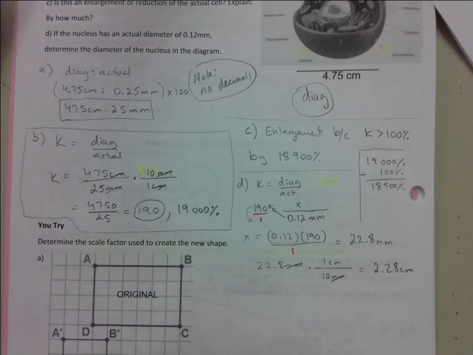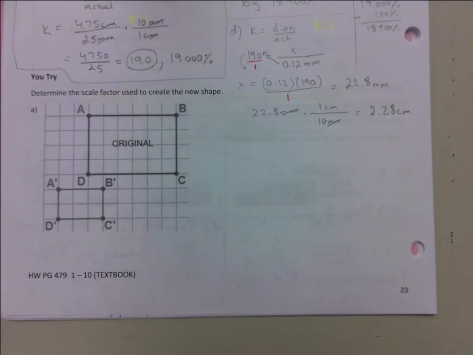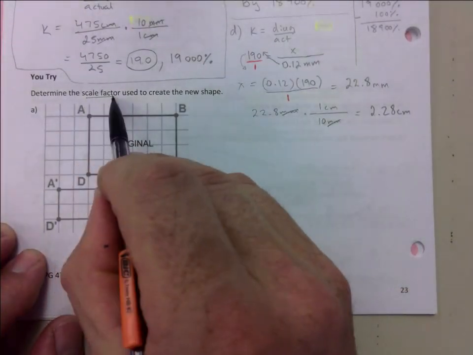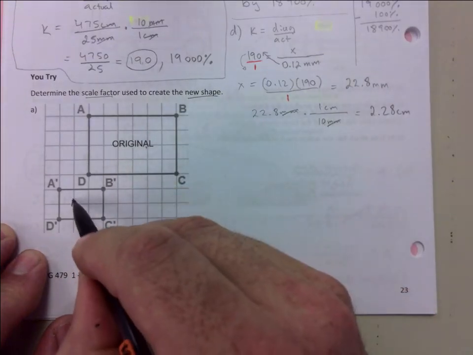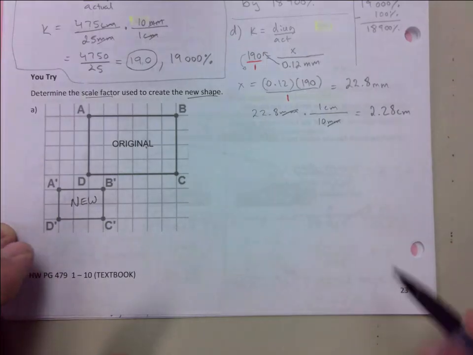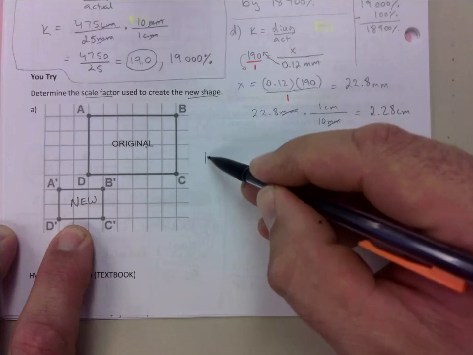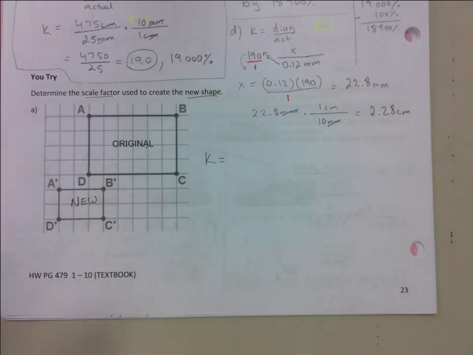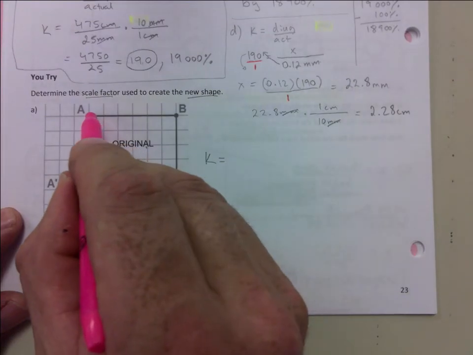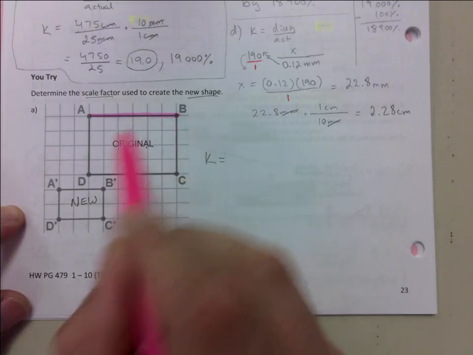All right, a couple of these ones here. So determine the scale factor to create the new shape. So if this is the original, that makes this one the new shape automatically. So how would you figure out the scale factor here? Well, you actually can count. How many boxes does this go that way? 2, 4, 6, right?